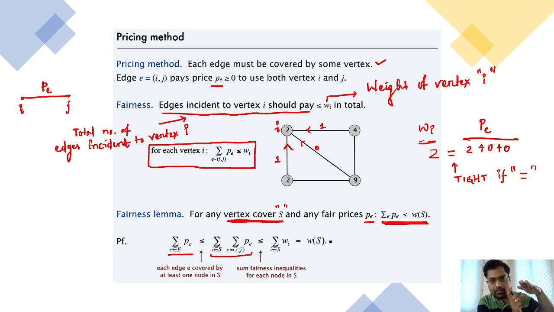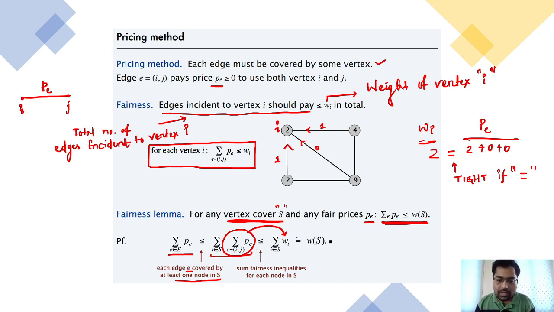If you're focusing on one edge, if you are adding all the vertices, like here it is written also, each edge e covered by at least one node in S, means whatever edges we have, if it is at least covered by one of the vertices, means the repetitions could be there. If the repetitions could be there, it is definitely greater than or equal to the cost of the edge. Okay, this is what it is written. So this one, as per the fairness condition, it is equivalent to the weight assigned to i.